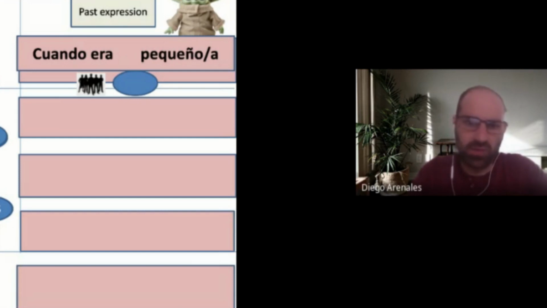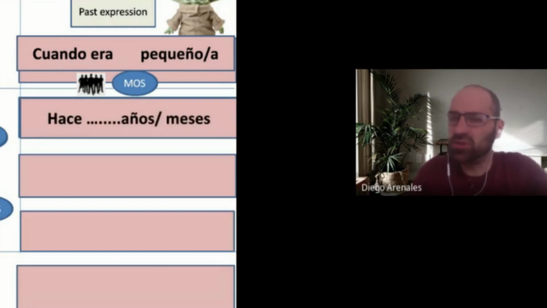And also, if you talk about a group of people, we can add mos to era: cuando éramos pequeños, cuando éramos pequeñas. Another expression that you can use is hace and then años or meses. For example, hace 2 años, hace 2 meses, hace 3 años, hace 3 meses. Literally 3 years ago or 2 years ago.